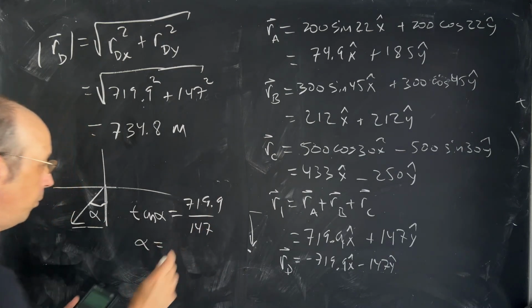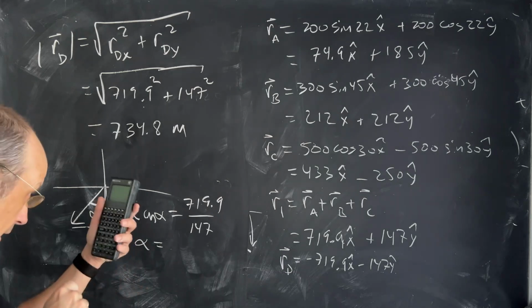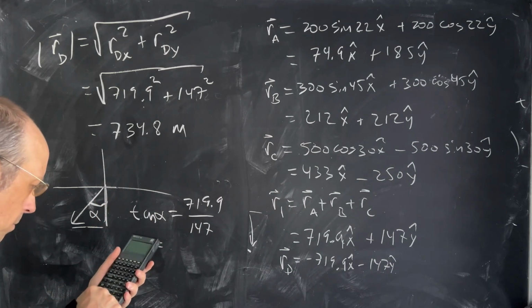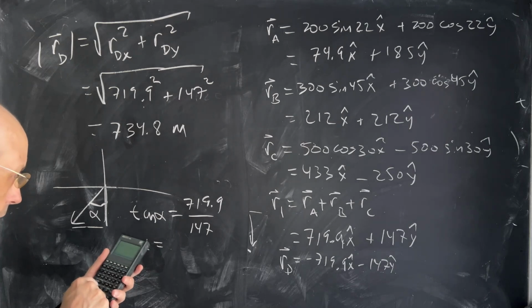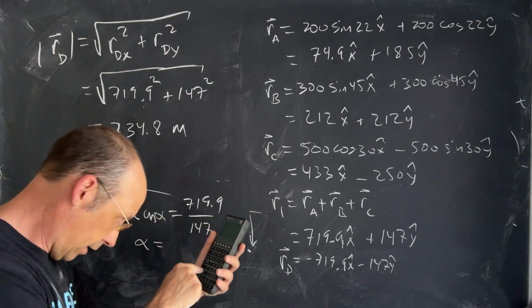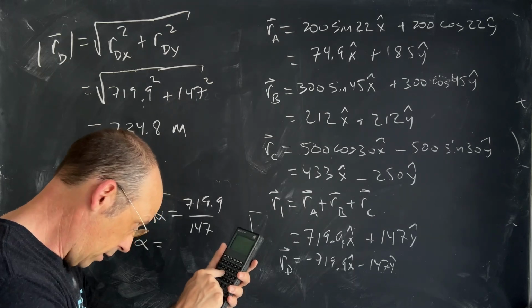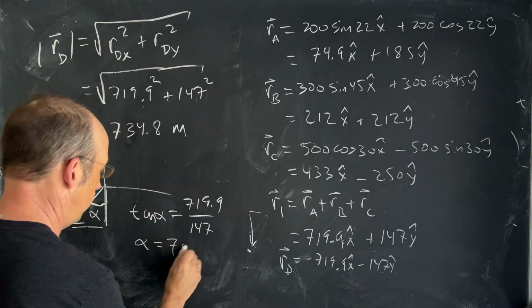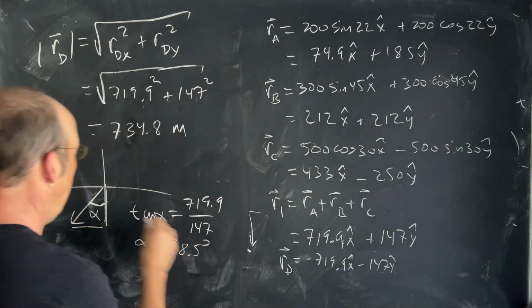That means alpha will be the inverse tangent of that, and I get 78.5. But that's that angle.